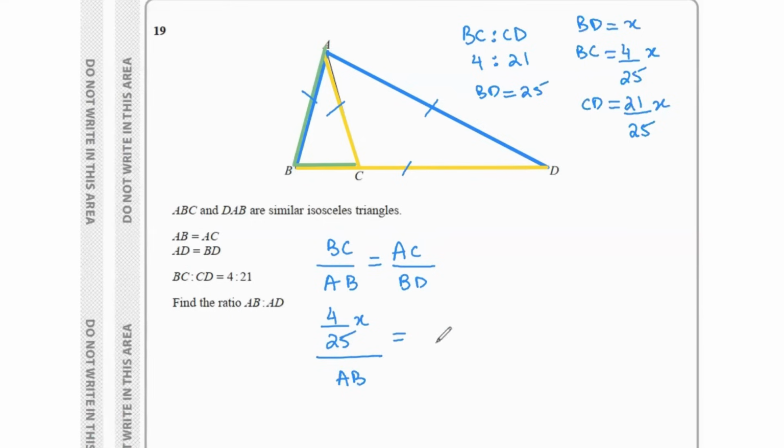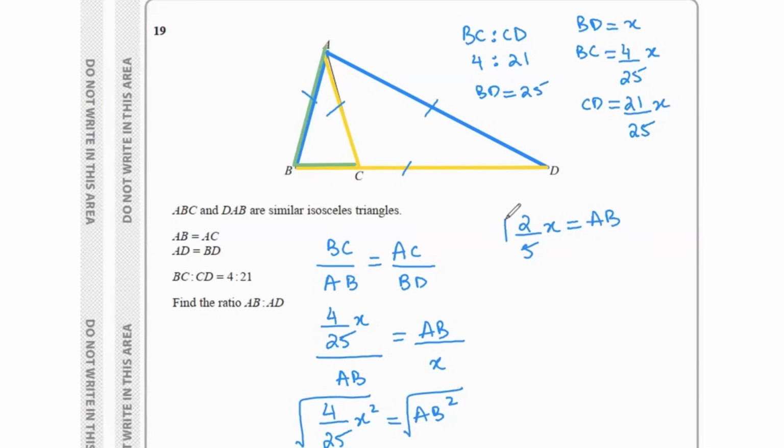And I'm going to replace AC with AB as well, because they're basically the same. And BD is X. So if you cross multiply, we have 4 over 25 X squared equals AB squared. Take the square root on both sides. So we're left with 2 over 5x equals AB.